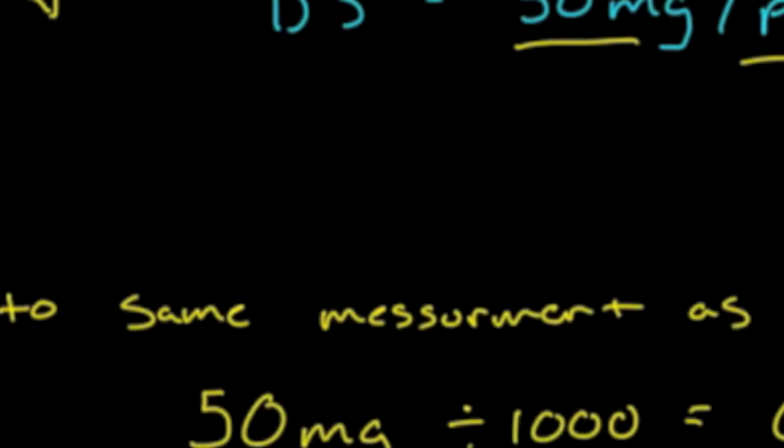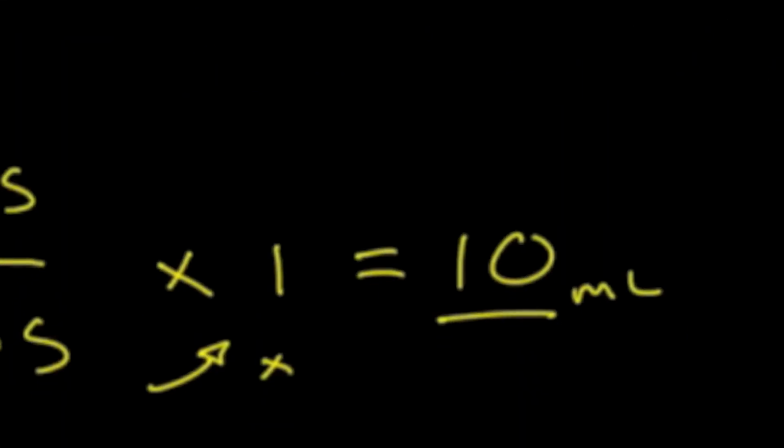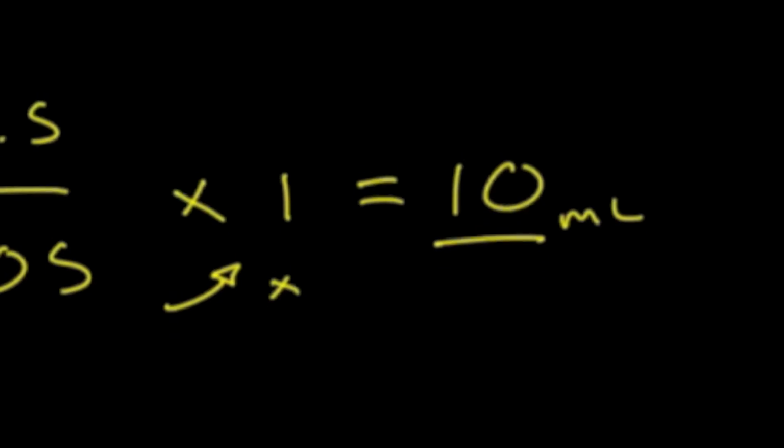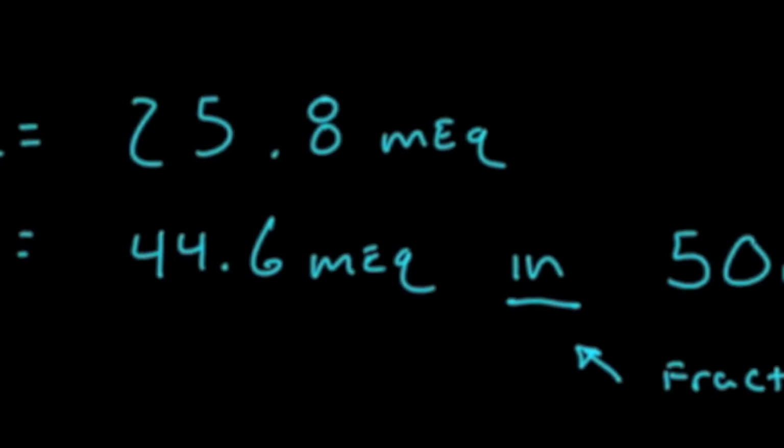So to convert it, it's 50 milligrams. That's what the doctor ordered. Divide it, equals 0.05 grams. Step 2, put it into the equation, DR over DS times volume, and you get the answer.